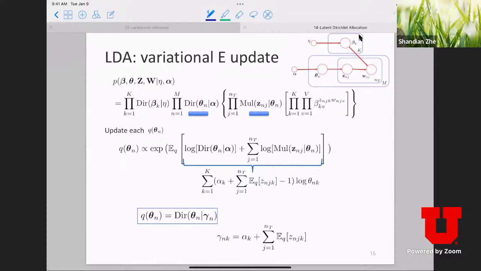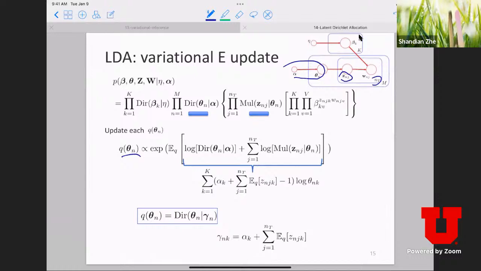Right? So the update of theta n follows the same way, but you just need to be sure that you do not miss the variables in the Markov blanket. We know that theta n, of course, appears in the prior of theta n, but also theta n governs the generation of the topics for all the words, right? Because theta n connects to all the nodes inside this document.